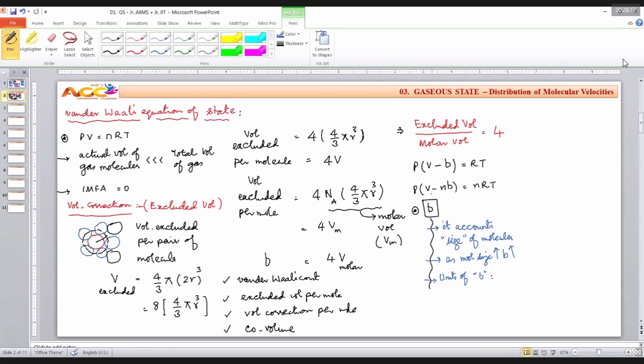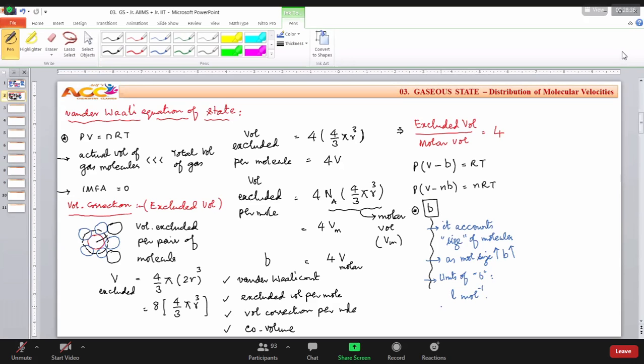I am subtracting nB from V. That means the units of B must be equal to V by n, not the numerical value. It means the unit of B is liters per mole. Another 1 mark question for NEET students.